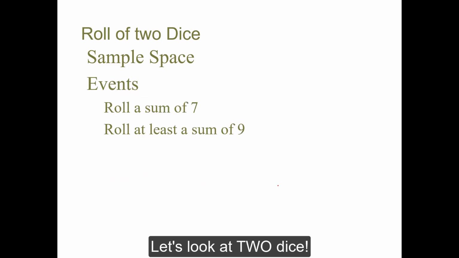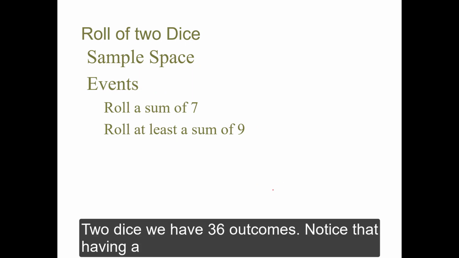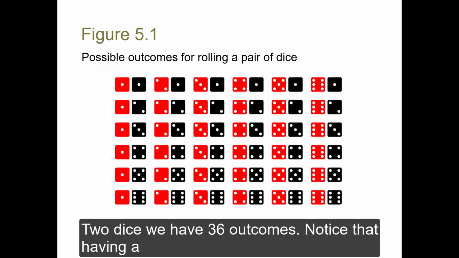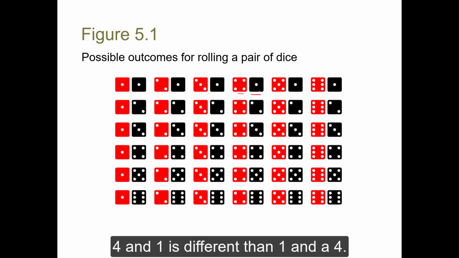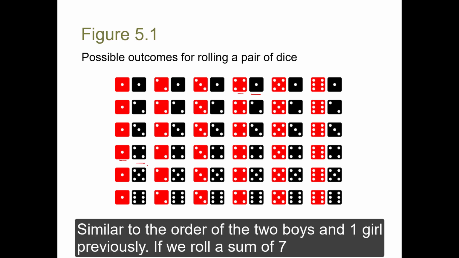All right, let's look at 2 dice. So 2 dice, we have 36 outcomes, right? Notice that having a 4 and a 1 is slightly different than having a 1 and a 4. We have those two different ideas, kind of like when we were talking about the 2 boys and 1 girl.